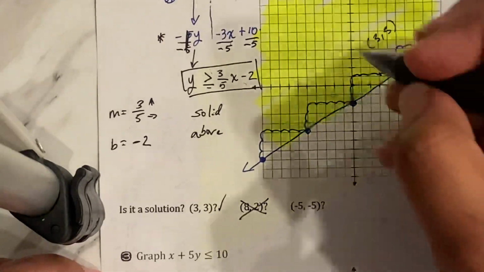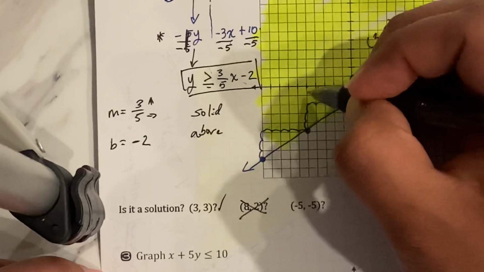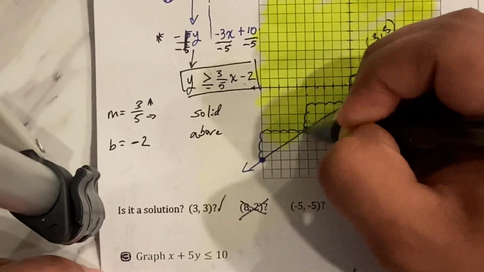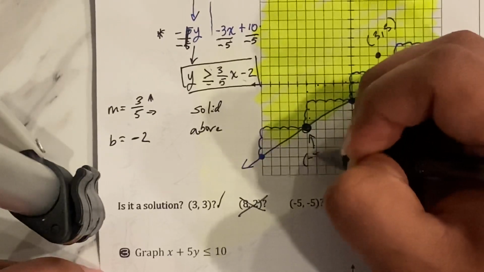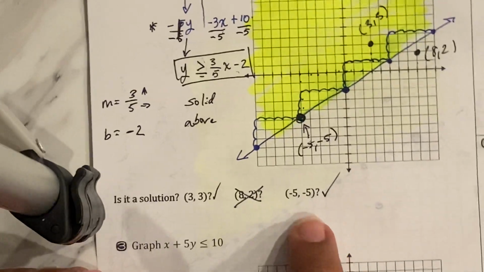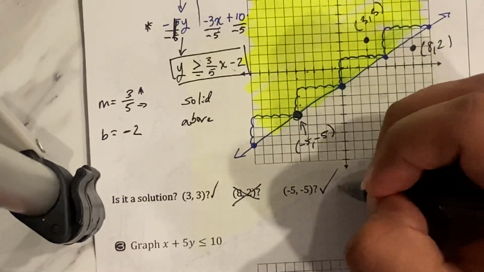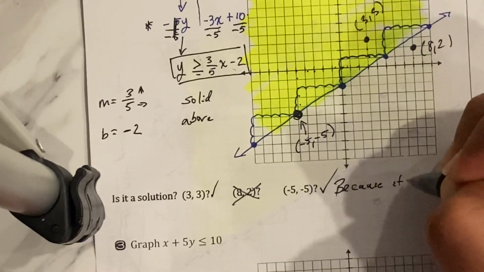Negative 5, 5. This guy is going to be important. Check mark. He is part of the solution because it's solid.